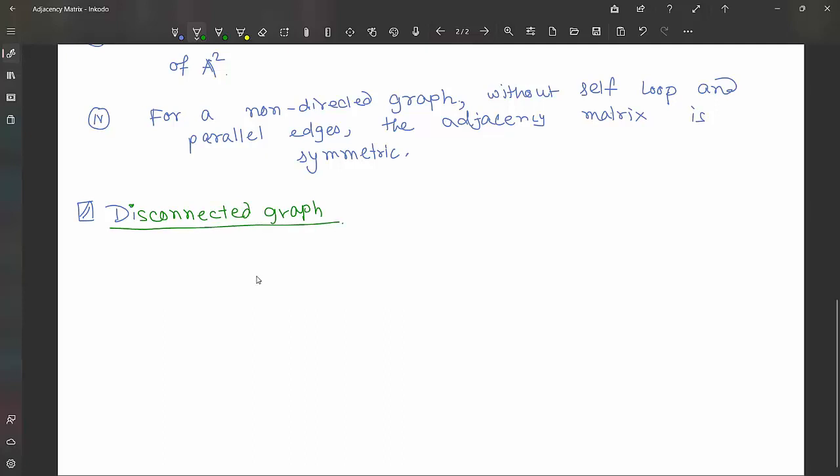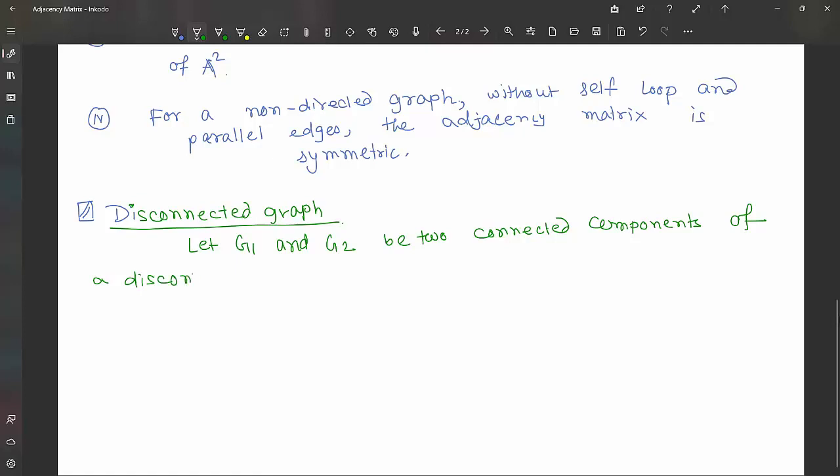So for two components, let G1 and G2 be two connected components of a disconnected graph G.